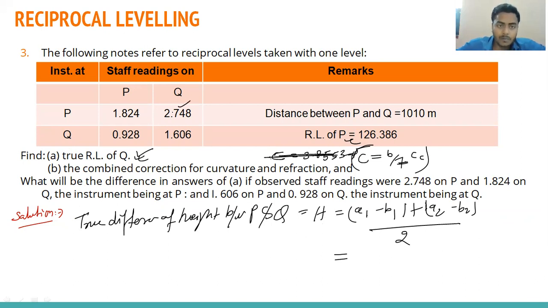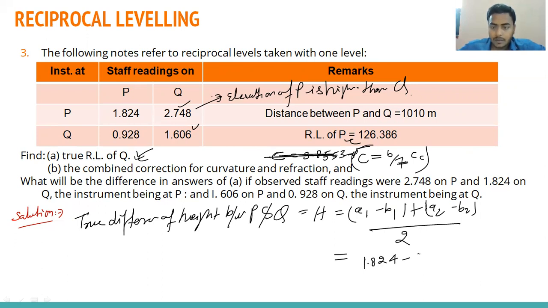You can see in this figure at Q, the staff reading is higher than P. At Q, again, the staff reading is higher than P. It means this point is lower than P, or we can say the elevation of P is higher than Q. So we have 1.824 minus 2.748, plus 0.928 minus 1.06, divided by 2.